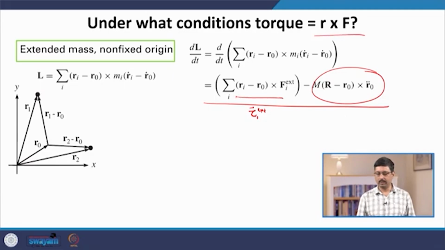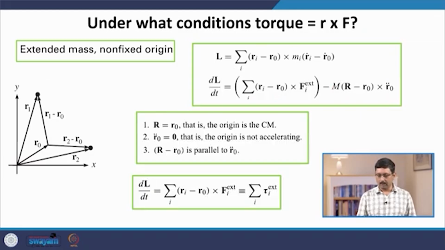So, under what condition is the second term 0? You see from looking at this second term that if this is the center of mass position, that is, if the moving point is the center of mass, that is the origin is the center of mass, then this term is 0, that is r equal to r_0. Or if this acceleration is 0, then also this term is 0.